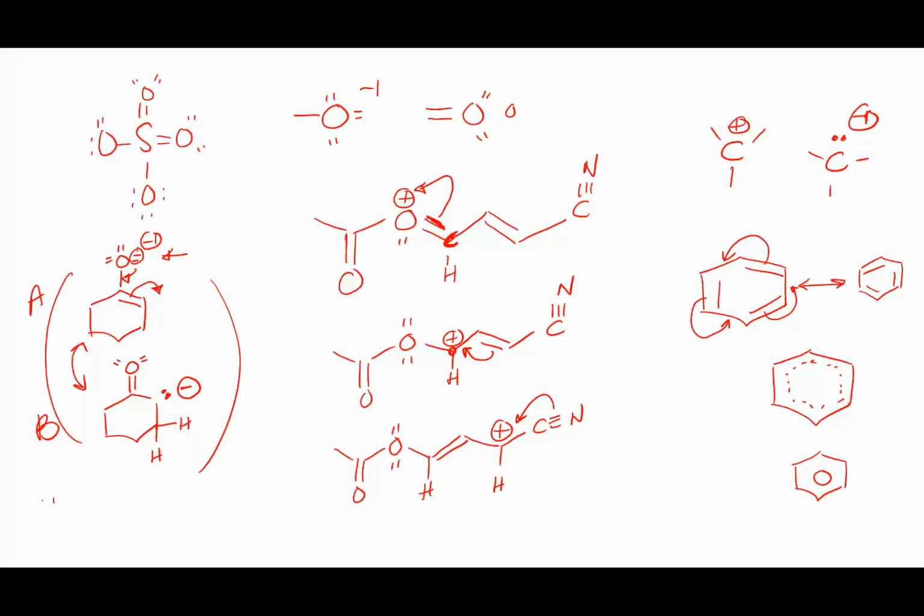And I will always put in C that C is the same energy. So for these two resonance structures, which one would be the most stable, A or B? Or C, that they have the same energy. They're equally stable.